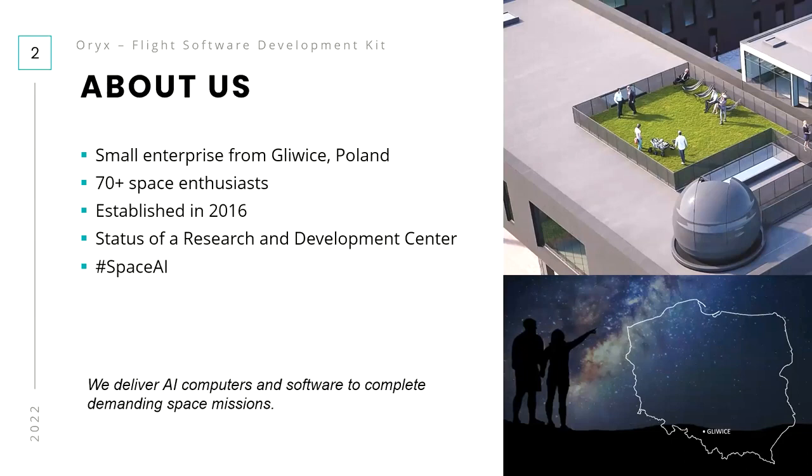We currently employ a bit over 70 people from many different areas, from mechanical, thermal, optical engineering, through electronic engineers, through software engineers like myself, and we also have a large team connected with algorithms, with AI and stuff like that. So there are lots of topics covered by those 70 people.